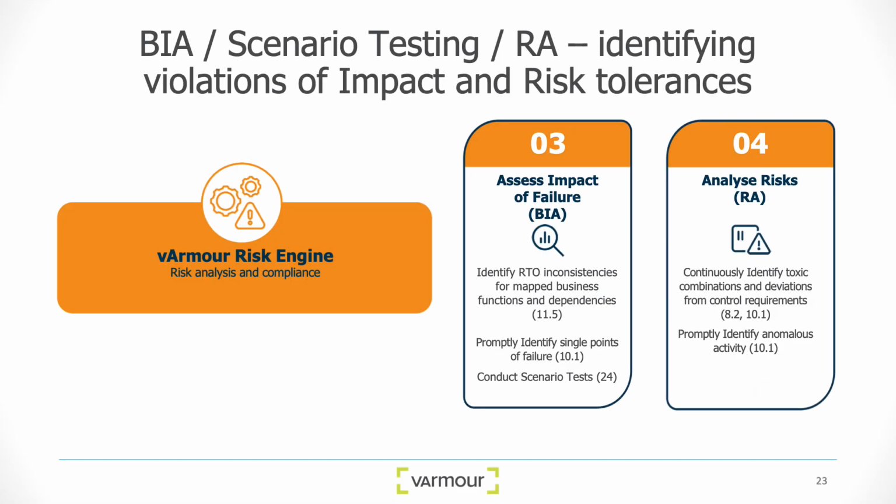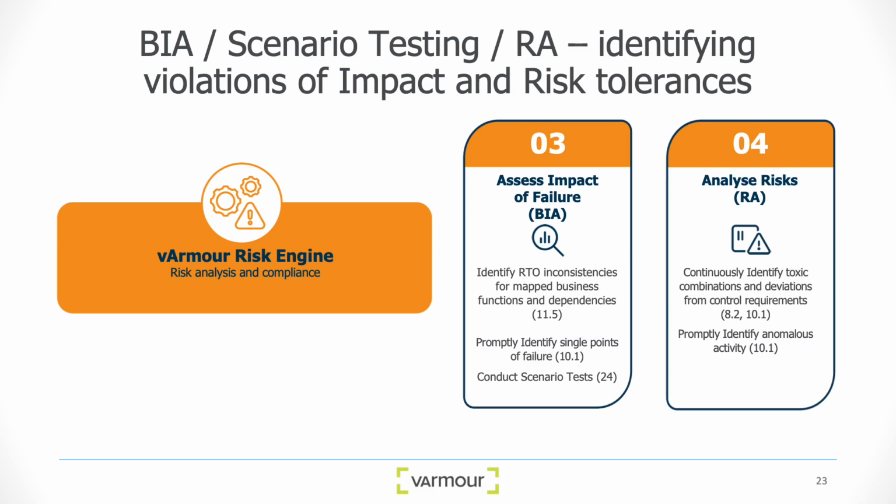And finally, we get to stages 3 and 4 of the ICT risk management workflow. We've now established an accurate map of the business function and its dependencies, and now we're able to conduct our business impact analysis, our scenario testing, and our risk analysis associated with our business function.